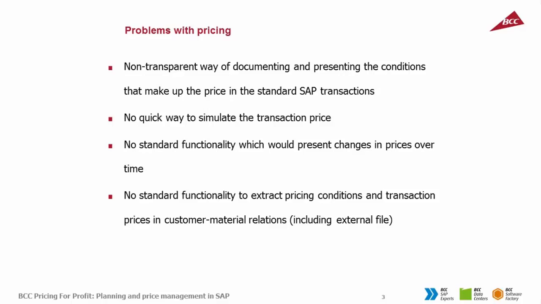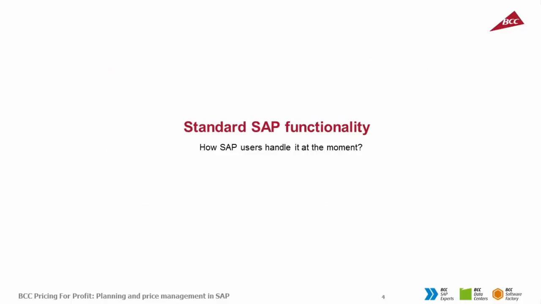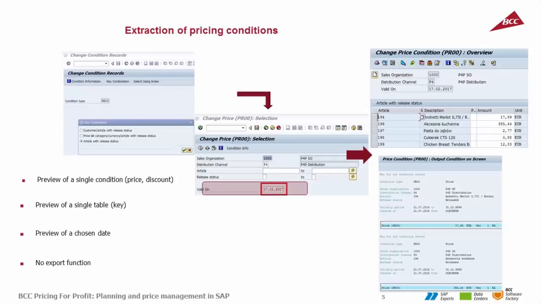So how do SAP users handle it at the moment? Extraction of pricing conditions without our tool looks like this. Editing and recording price conditions is carried out by means of transactions, where in the first stage we need to determine which pricing conditions we want to work with.